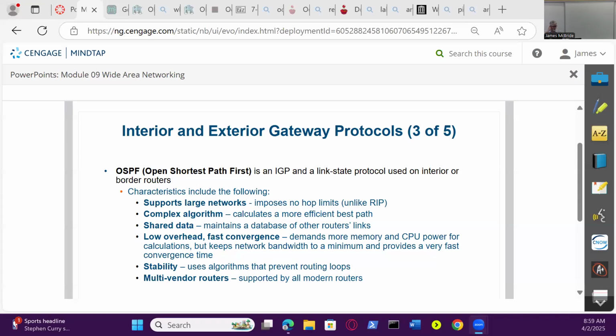All right, let's take a look at the most used protocols, and the details on them, the points that they want you to remember. OSPF, Open Shortest Path First. It's an IGP. So what does IGP refer to?